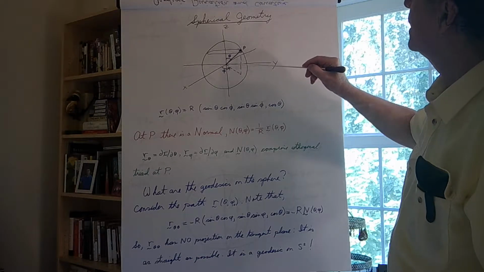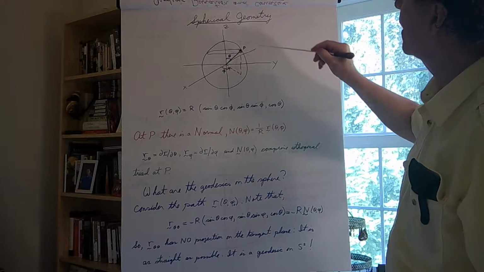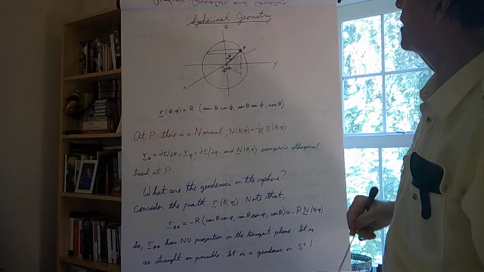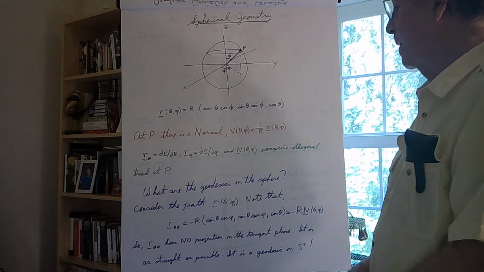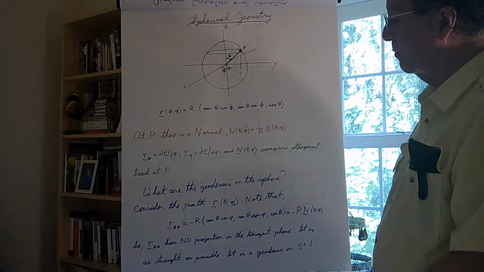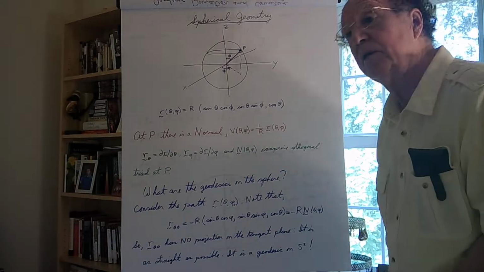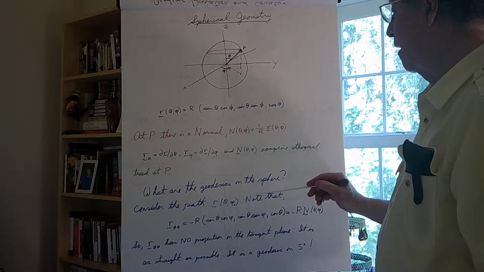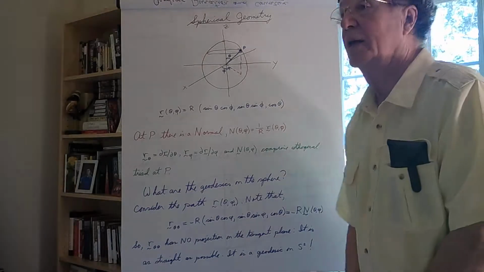If p is shown here and the radius is r, then this distance here is just r times theta. So that's the arc length. And so up to factors of r, the derivative of the position with respect to theta is just the derivative with respect to arc length. That's proportional to the curvature of the curve being r of variable theta but fixed phi. We see it has no projection in the tangent plane.